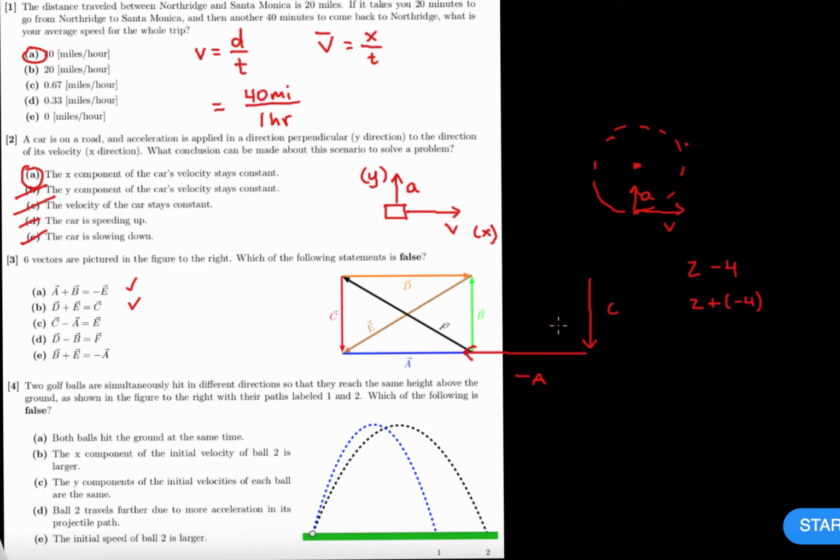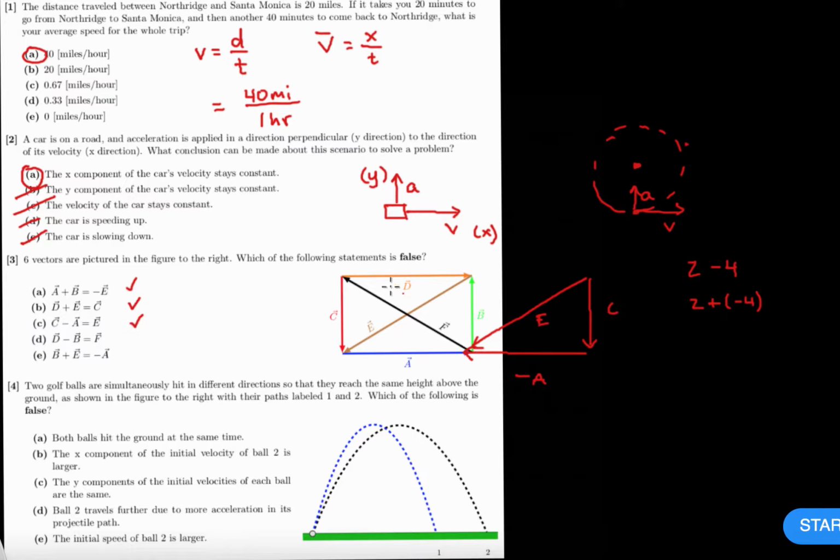So that's all I'm doing. C plus negative A is supposed to equal E. Well, it equals this thing, which is E. Yeah, that's E. So this one's good.